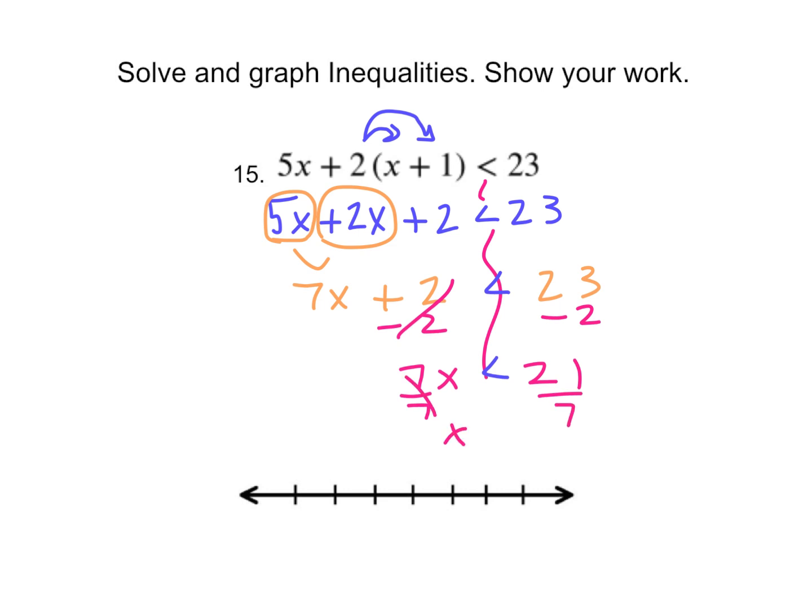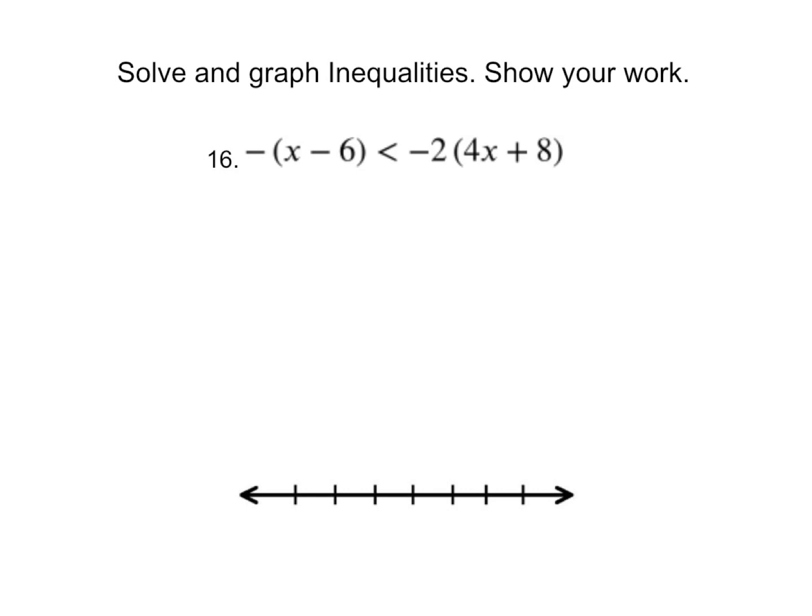X is, and I don't have to flip the inequality. X is less than 3. Okay, so on my number line, I'm going to do 1, 2, 3, 4. Less than 3, so that's an open circle. And numbers that are less than 3 go to the left.